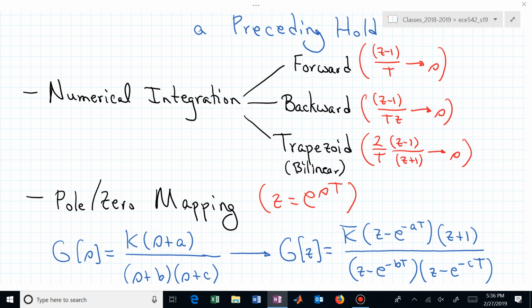Similarly for the poles, we map those through this mapping, z is equal to e to the sT. We also will talk about zeros at infinity. Have you heard of zeros at infinity before?